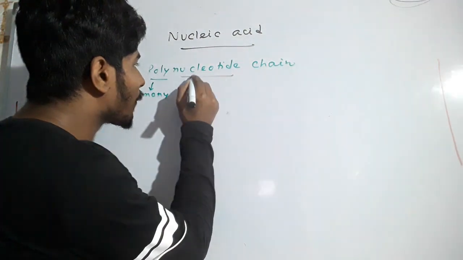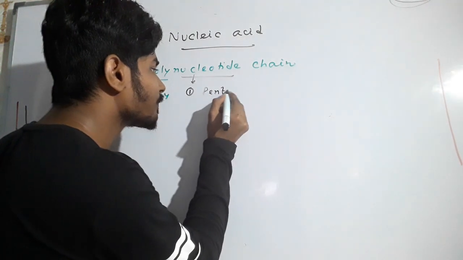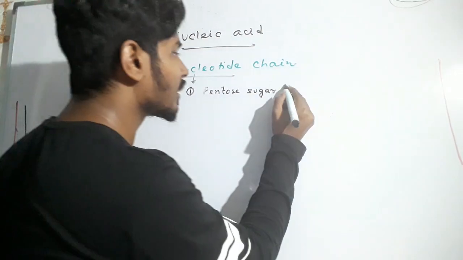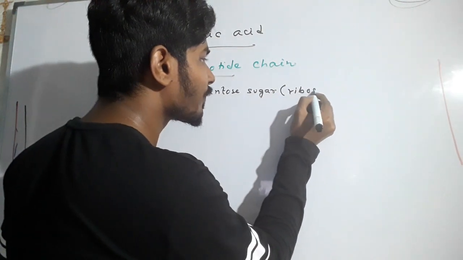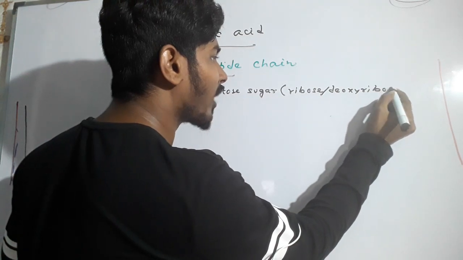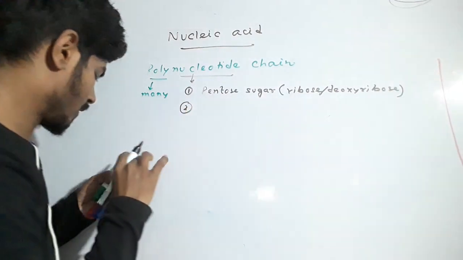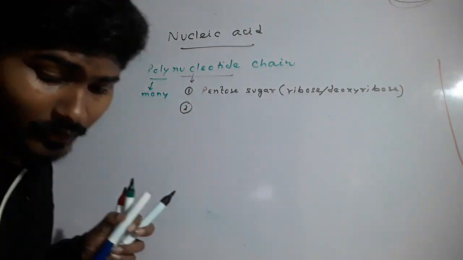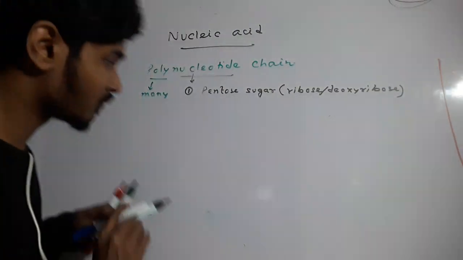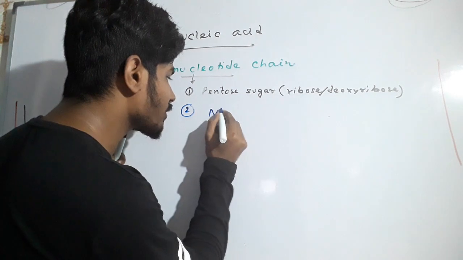The main components of nucleotides are, number one, the pentose sugar, that is ribose or deoxyribose. Number two, the nitrogenous base.